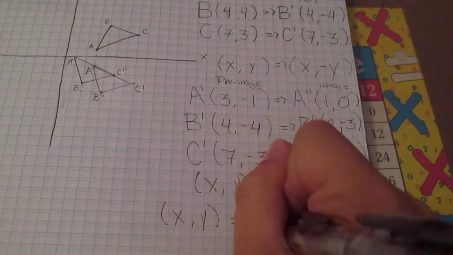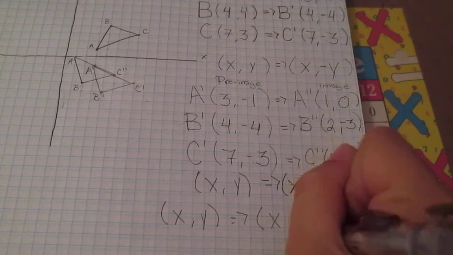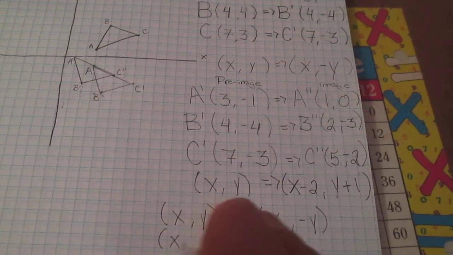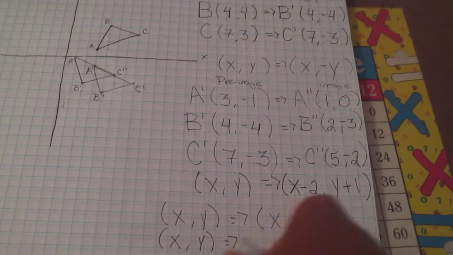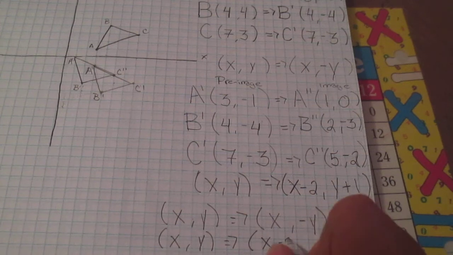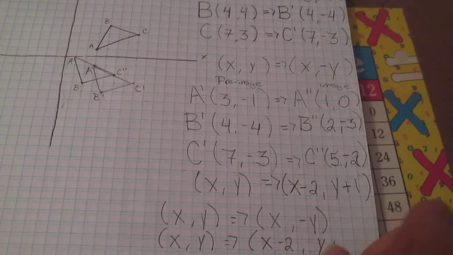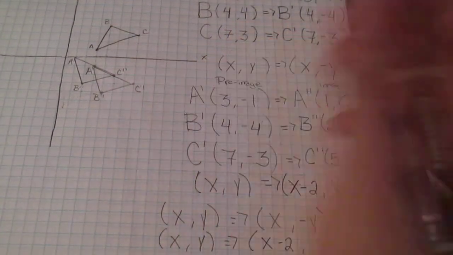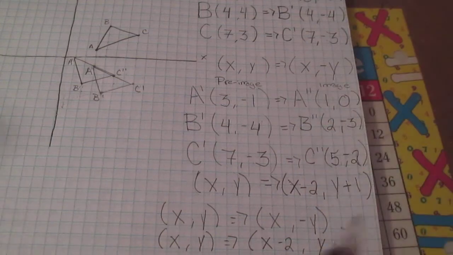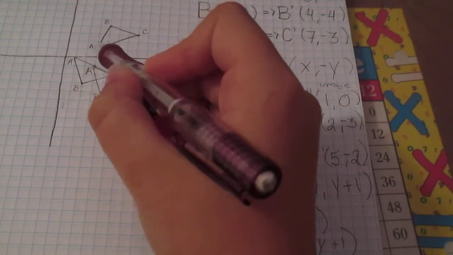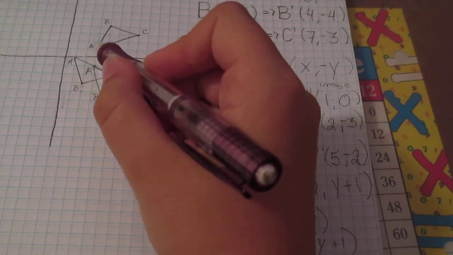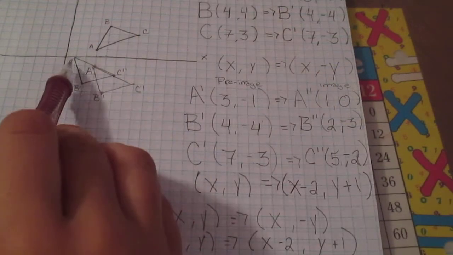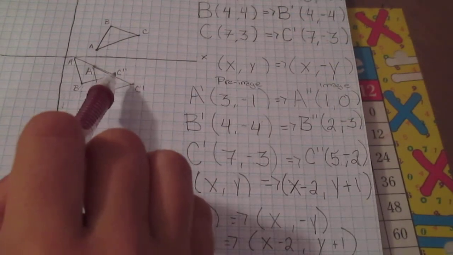Now as for my final algebraic expression, I'm going to add both my previous algebraic rule and my last transformation, and that is going to give me the final movement rule to get from my pre-image of triangle ABC to my image, A prime prime, B prime prime, and C prime prime triangle.